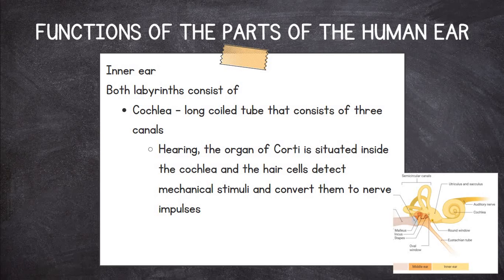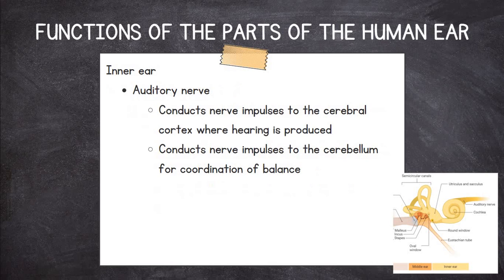Okay, so again now here, very important, the vibrations, the mechanical stimuli, are converted into nerve impulses in the organ of Corti, in the cochlea. Okay, so very important for hearing, as the organ of Corti is stimulated inside the cochlea, the hair cells inside the organ of Corti detect the mechanical stimuli and convert them into nerve impulses.